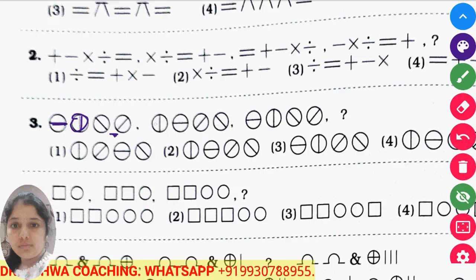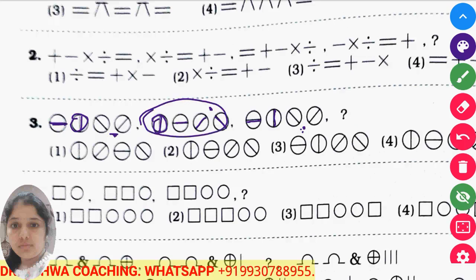Now in the next series, the ball in which the horizontal line gets vertical, the vertical line gets horizontal, and the two slanting lines meet each other at the upper pole. Then again the vertical line becomes horizontal, the horizontal line becomes vertical, and the two slanting lines meet at the below pole or downward pole. So what will be the next pattern?